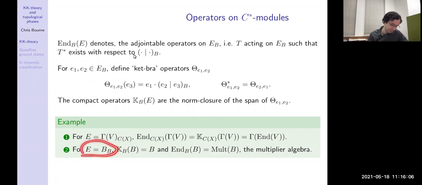So on my other simple example, when I have just the module of B over itself, then it's very easy to check that the compact operators, just using how the action works, will just generate B back. And the endomorphisms, the adjointable operators, will be the so-called multiplier algebra.